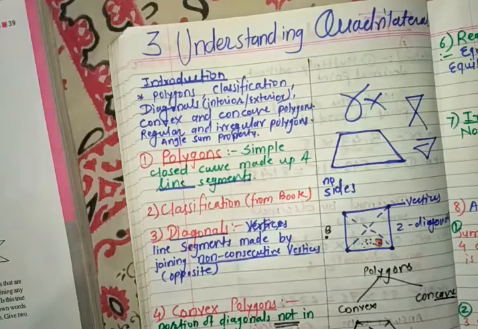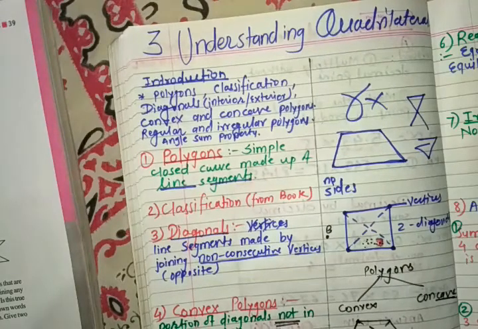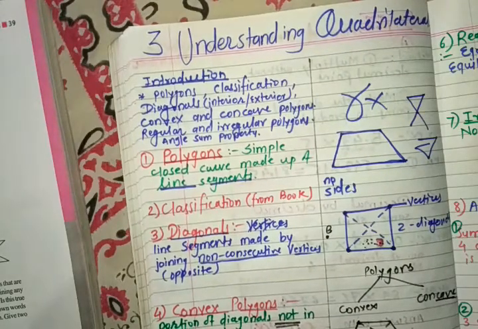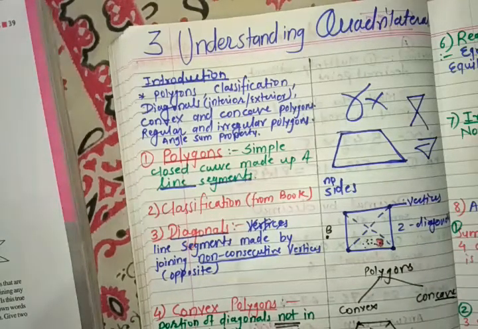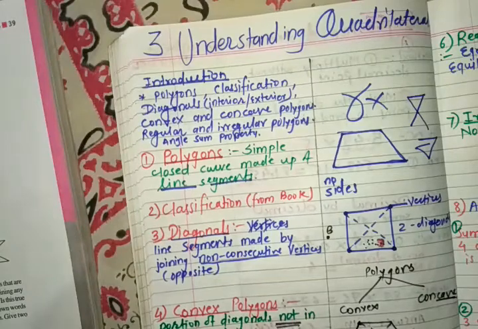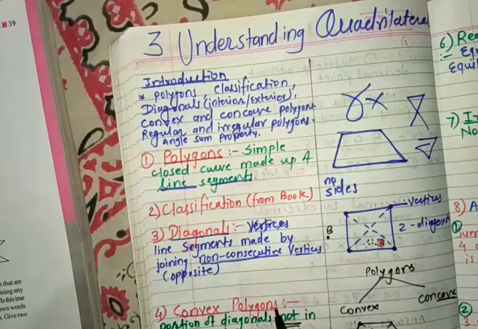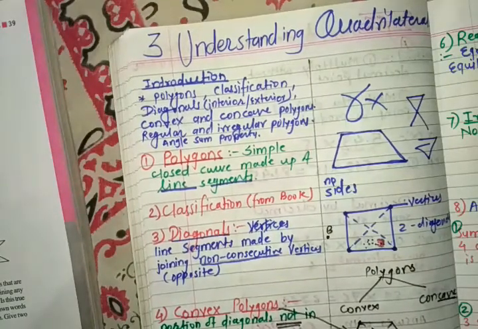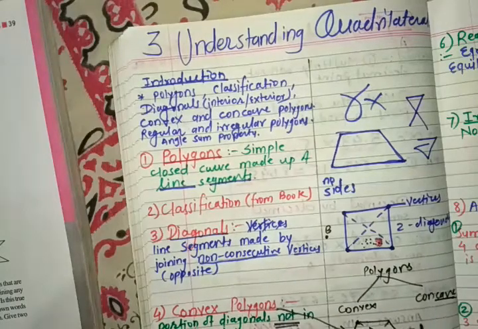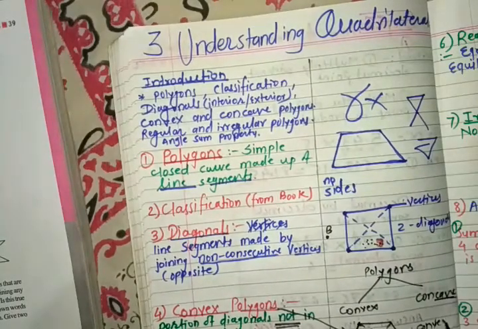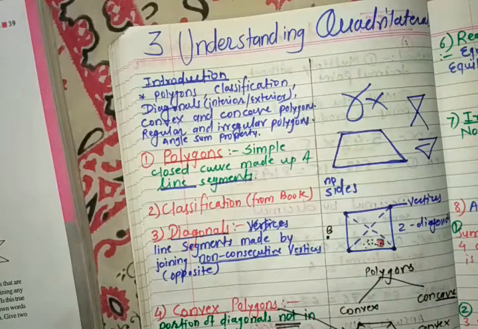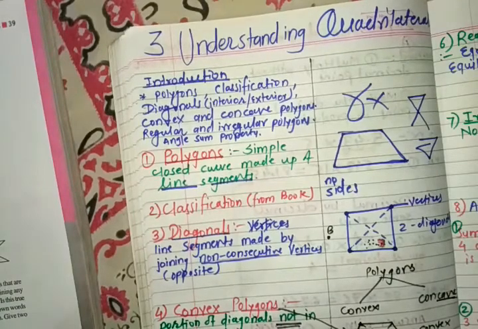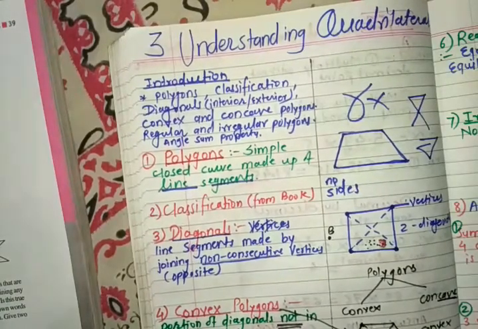Suppose I am drawing such a polygon and making a cave-like structure here. This cave-like structure shows that it is concave, and where there is no cave-like structure, it is convex. Because the cave structure is not present here, it is convex, and here it is a cave structure, so it is a concave polygon.